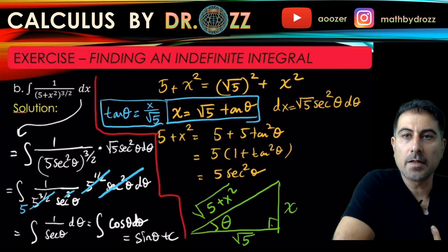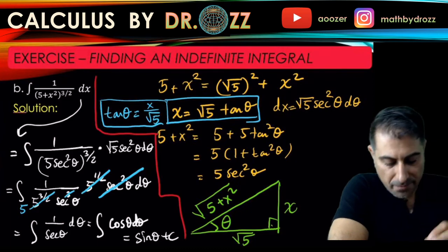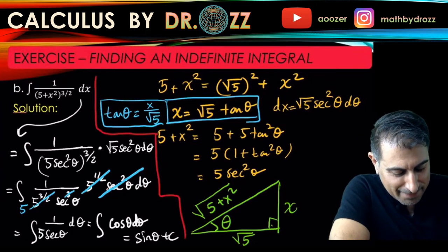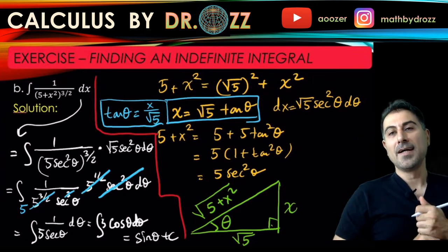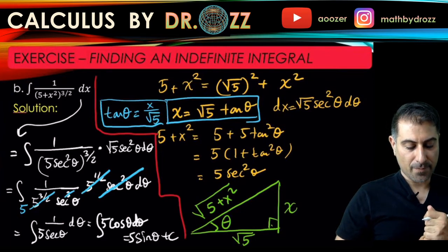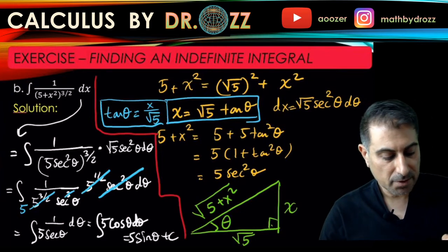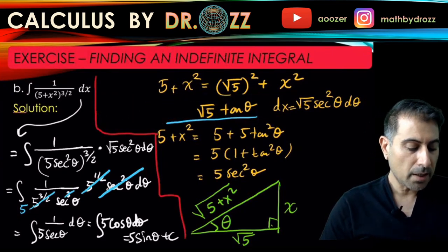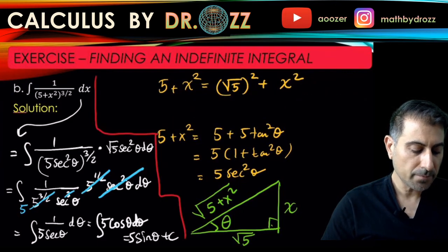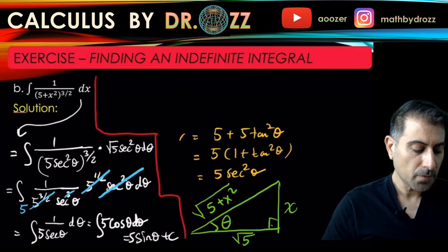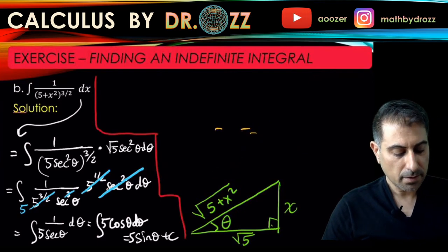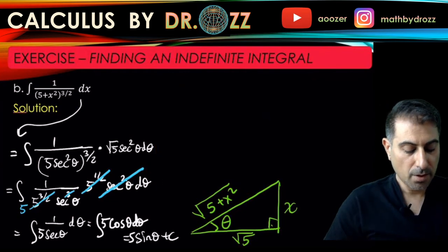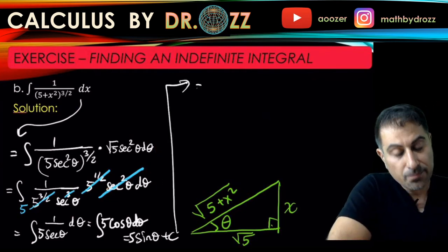Let me see if I forgot the 5 here. I think I forgot something. Here we go, 5 sine theta. Now let me erase this part because I only need to retrieve data from the triangle. I'm going to continue writing 5 sine theta.